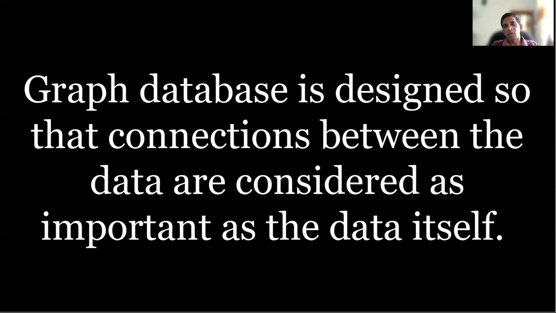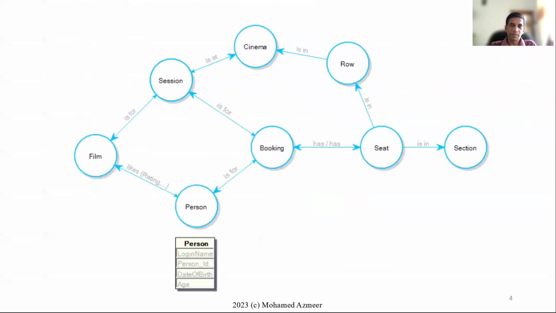Generally in normal MySQL, Oracle kind of databases, we assume the data is the most important thing. Whereas when it comes to a graph database, we treat the data as well as the connection between the data as very important. Now, we are not talking about the usual relationships here. We go a little beyond that, a little more advanced way of connecting data.